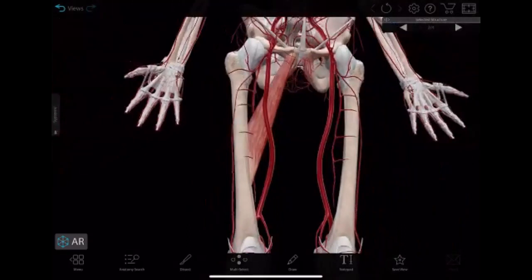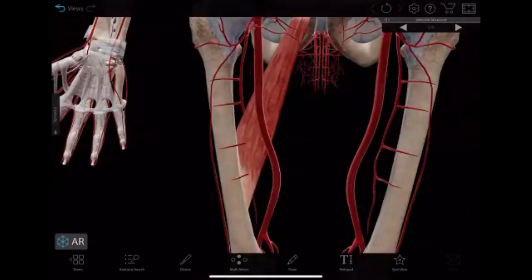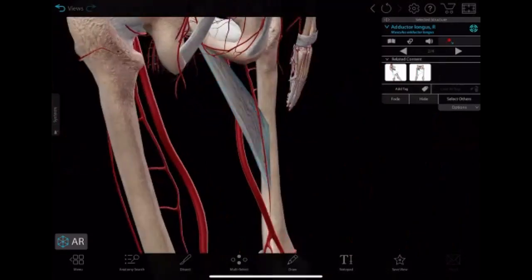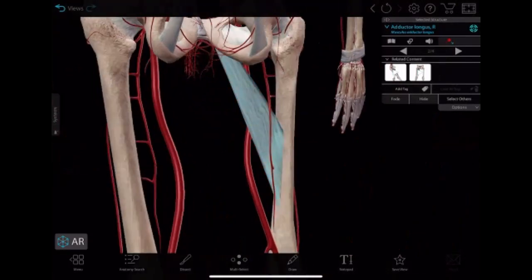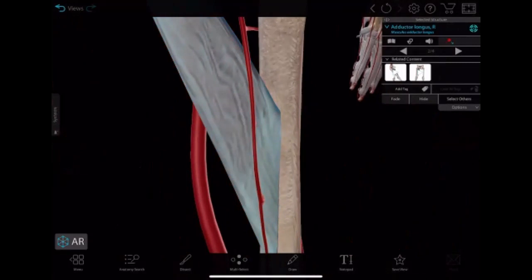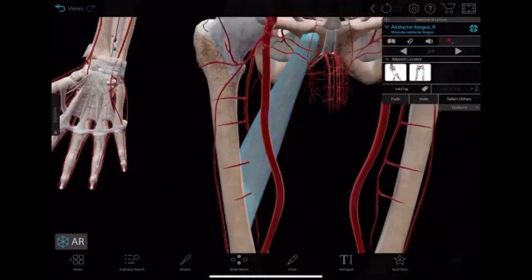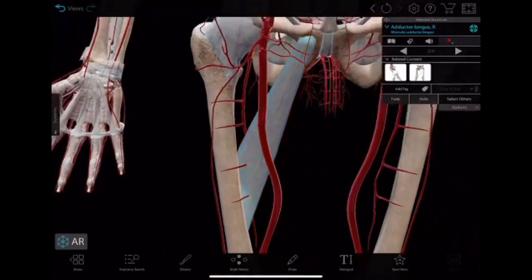You see, that is the adductor longus. The profunda femoris is posterior to the adductor longus, whereas the femoral artery is before the adductor longus.